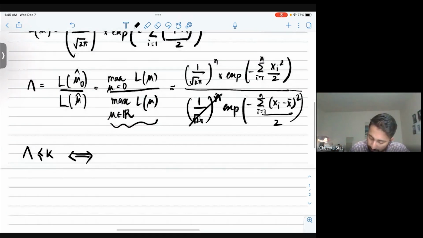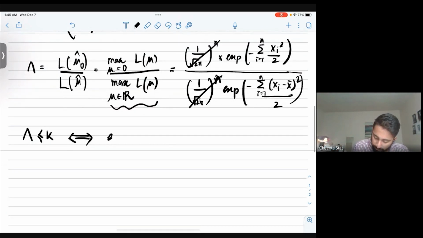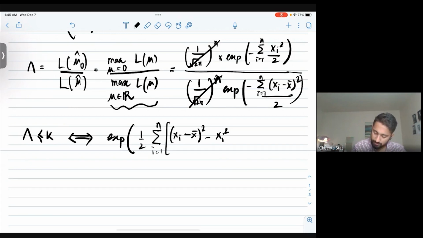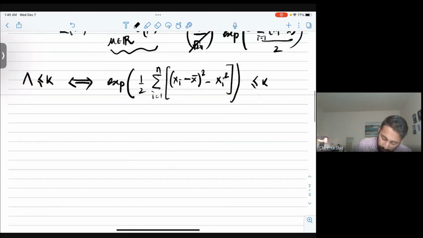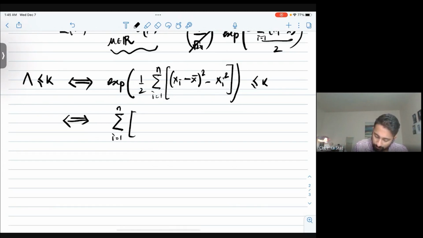So this gets cancelled, and we get exponential of half times summation i from 1 to n of (xi minus x bar) whole square minus xi square. It must be less than or equal to k, which is equivalent to taking log on both sides and multiplying by 2, since they are increasing functions.